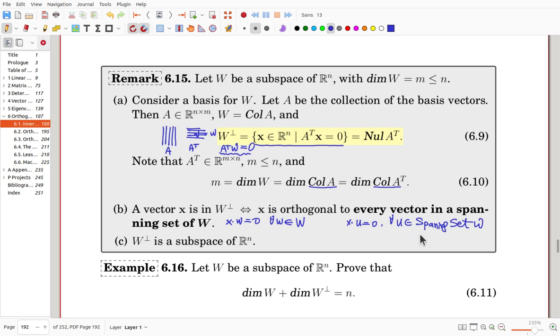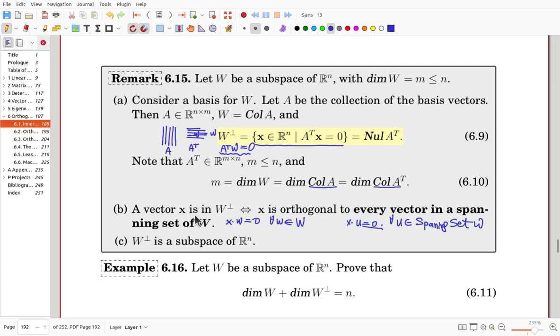Now the vectors in W will be made as a linear combination of the vectors in the spanning set, so that once this is true, then that must be true, and if this is true, then that must be true, so they are equivalent.